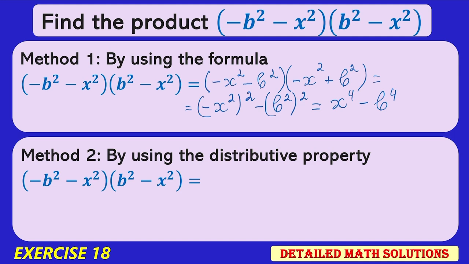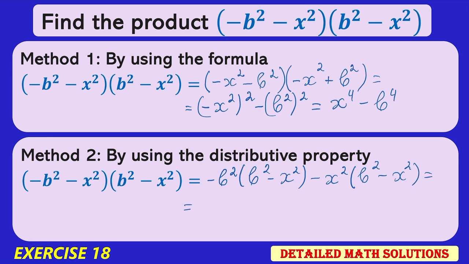When I use the distributive property, I get minus b squared multiplied by b squared minus x squared in parentheses minus x squared multiplied by b squared minus x squared in parentheses.